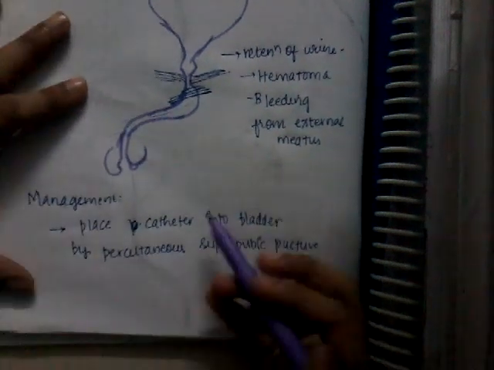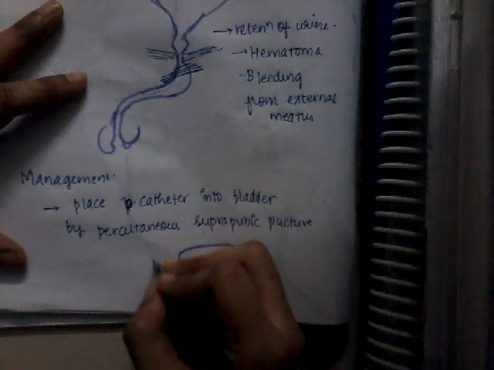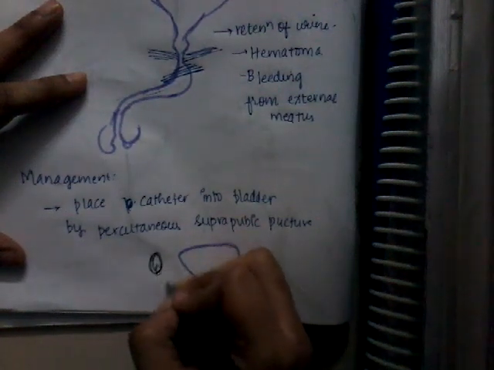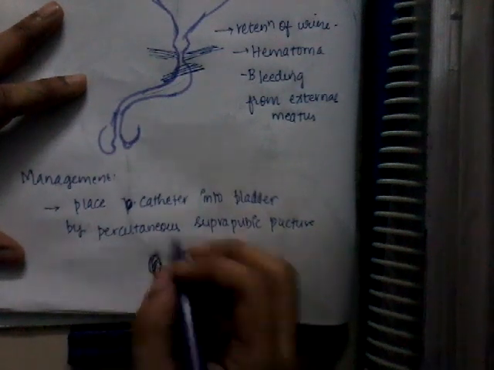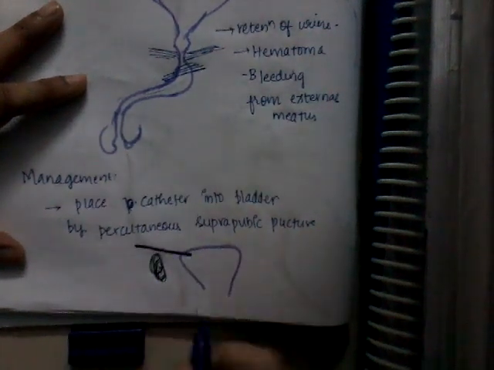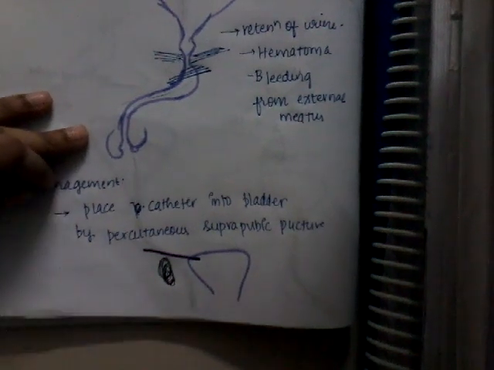If this is the bladder and this is the pubic bone, we just percutaneously puncture it and then pass a catheter. We don't open the bladder.